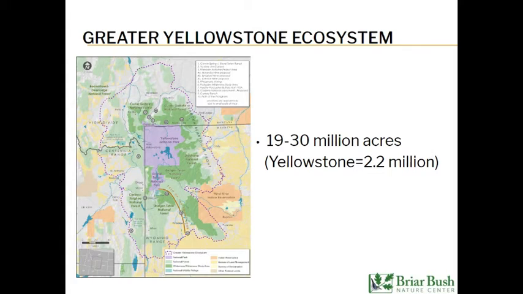Of course, it is surrounding Yellowstone National Park, the first national park created in the world, actually. And it is defined not so much by park boundaries or political boundaries, but by boundaries more of ecology, where certain plants grow, where certain animals live, where certain soil types are predominant.